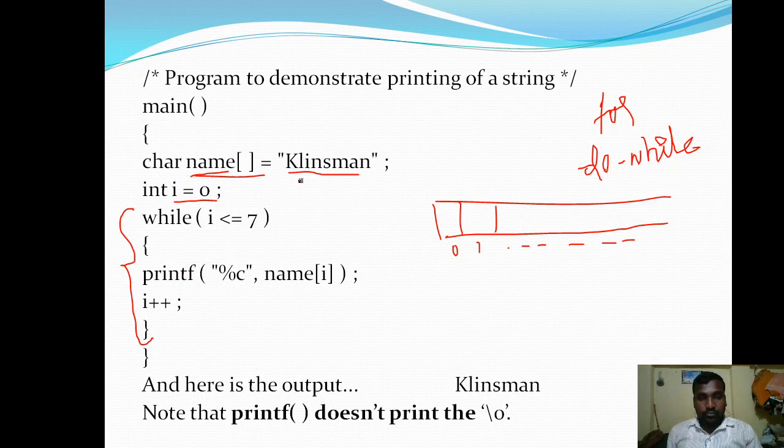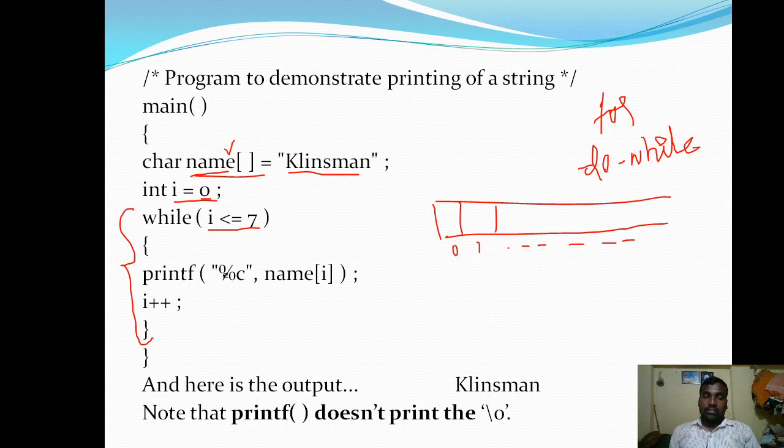Then I give the condition, after reading how many characters from the name array my loop will terminate. I know the number of characters available here is 8, so I am starting with 0, and i less than or equal to 7 means from 0 to 7 there are totally 8 characters.